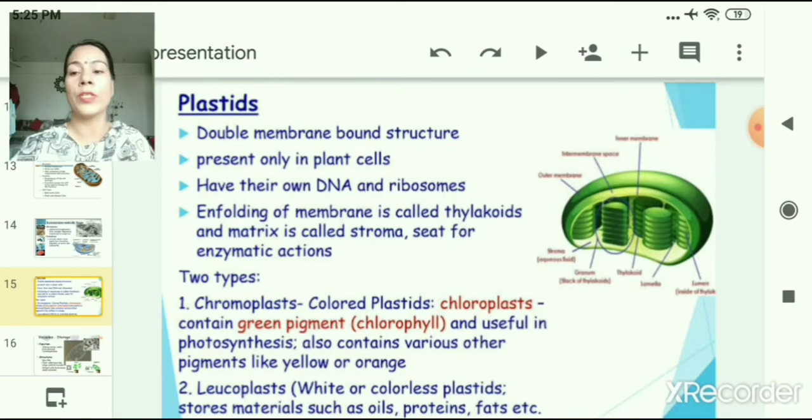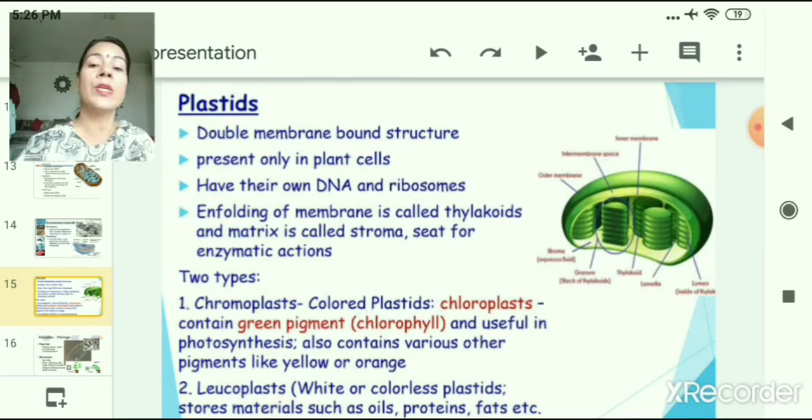Chloroplasts are important for the photosynthesis process in plants. Chloroplasts also contain various yellow or orange pigments in addition to chlorophyll. Leucoplasts are primarily organelles in which materials such as starch, oils, and protein granules are stored. The internal organization of plastids consists of numerous membrane layers embedded in a material known as stroma.